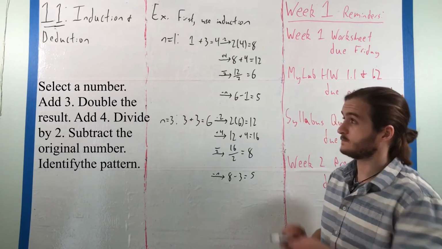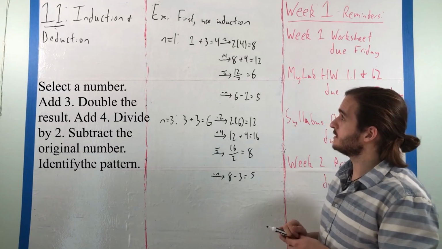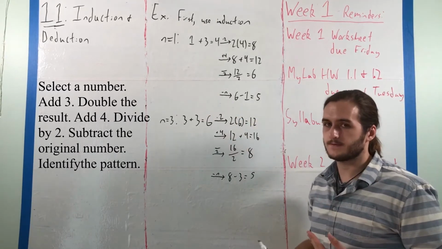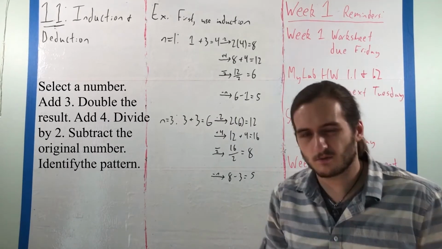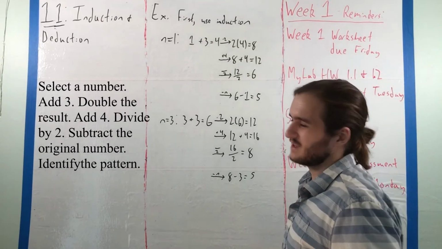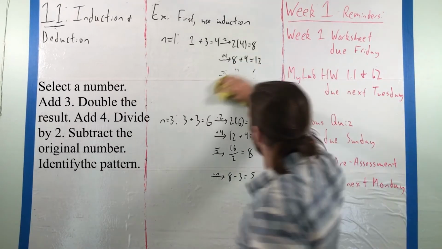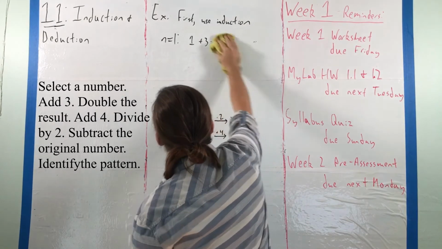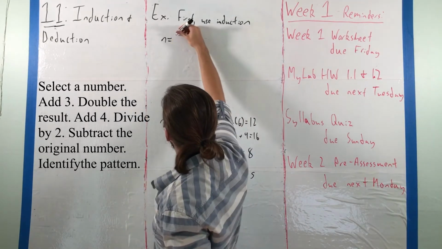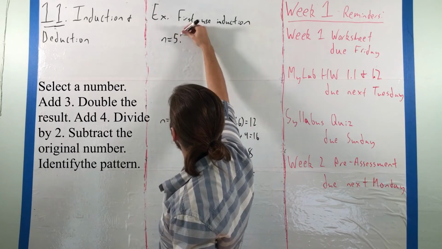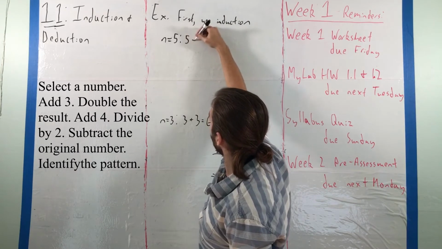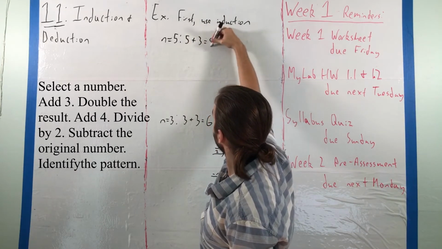Okay, got 2 values. Let's say when we plug a number in, we get back 5. Like I said, 2 is not really enough. Let's pick another one. We'll pick one at random, but not that random. We'll make it kind of fun. Let's see what happens if we plug 5 in. Say n equals 5. So we start by adding 3. You get 8.